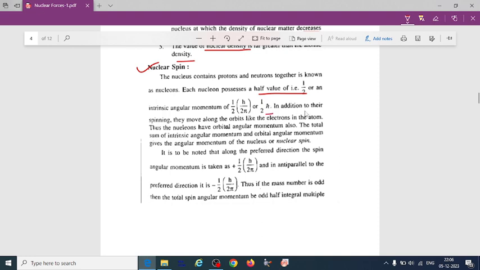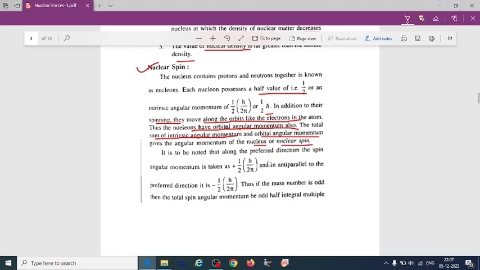Just as an electron revolves around the nucleus as well as around its own axis, in addition to their spin, nucleons move along orbits like an electron in an atom. So nucleons have orbital angular momentum also, and the total sum of intrinsic angular momentum plus orbital angular momentum we call the nuclear spin.